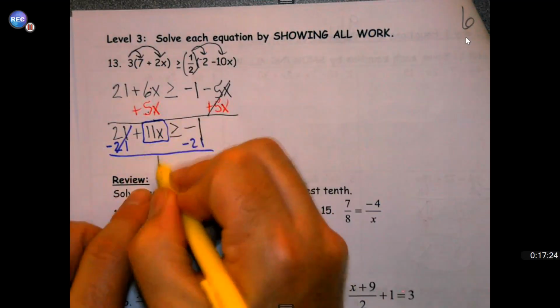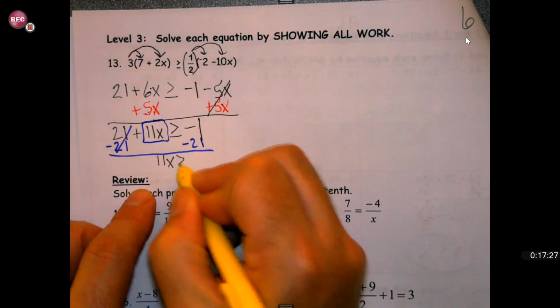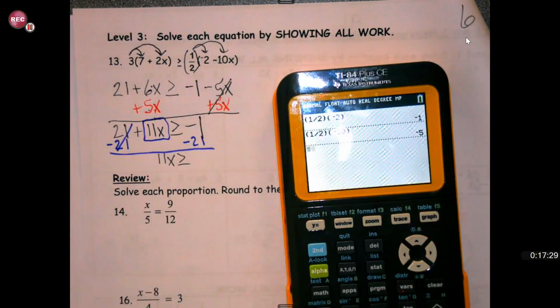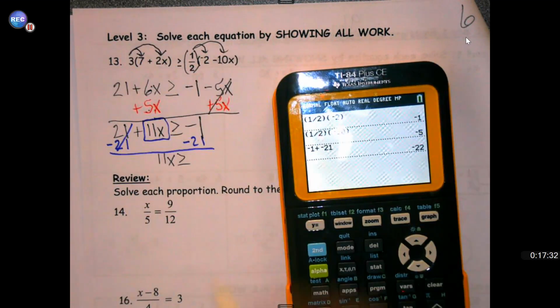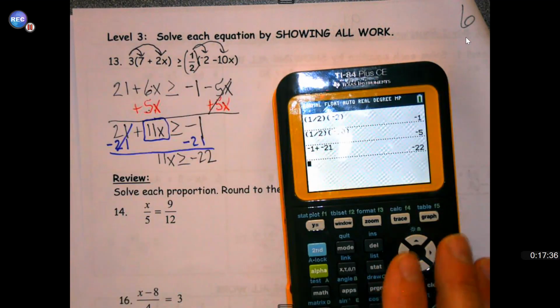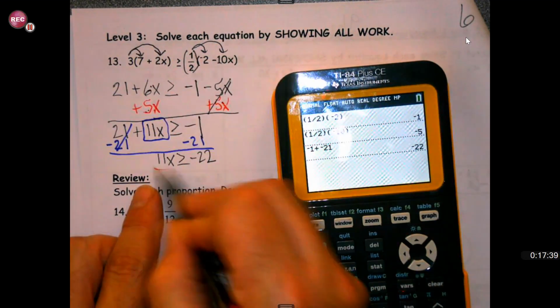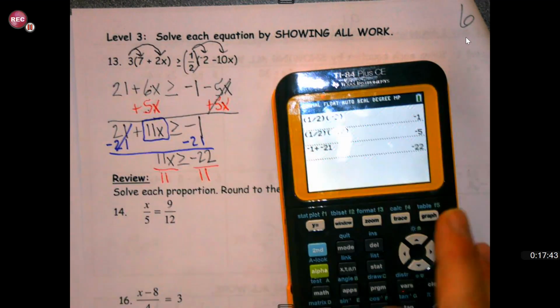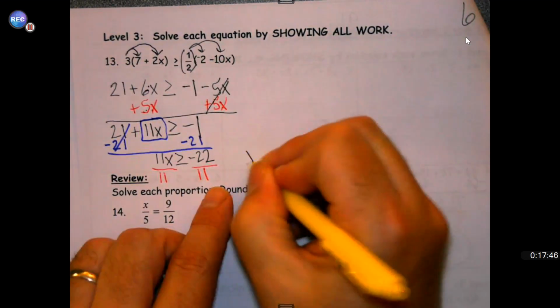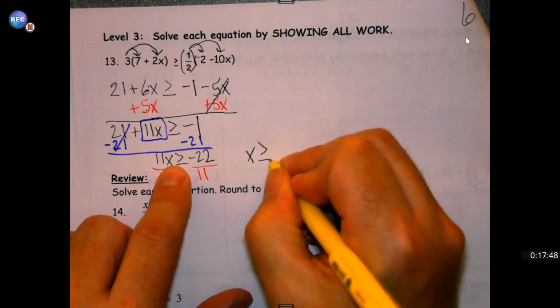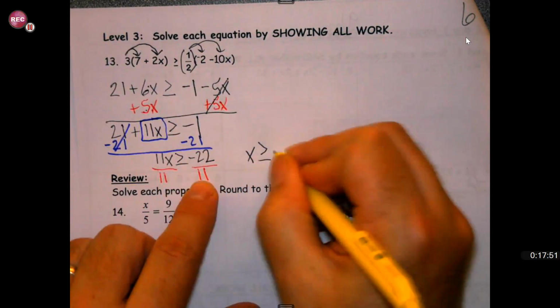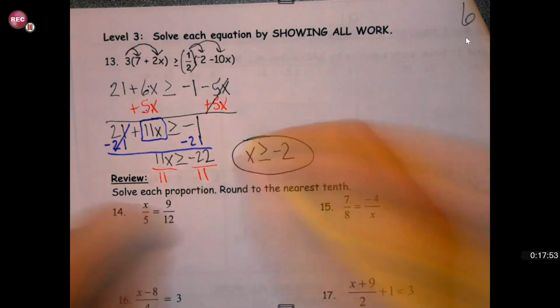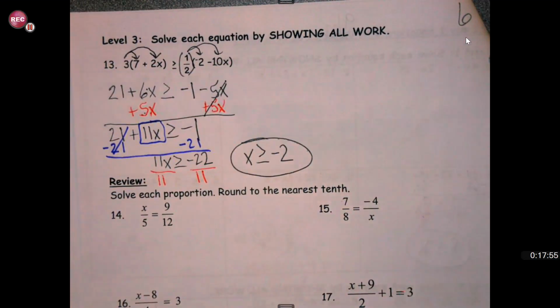I'm going to run out of room. All right. If I'm not sure with my negatives and positives, again, nothing wrong with putting that in there. Make sure your arrow stays. Don't get rid of your arrow. And get to your answer.